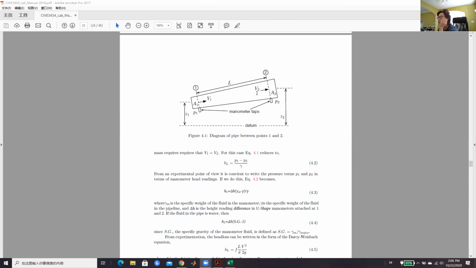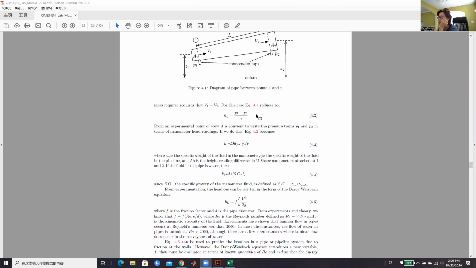In this lab, A1 equals A2, so there's no shrink like this, and the pipe is horizontal, so Z1 equals Z2, A1 equals A2, V1 equals V2. So the whole energy equation will become head loss equals P1 minus P2 over gamma. Gamma is the specific weight of the water.